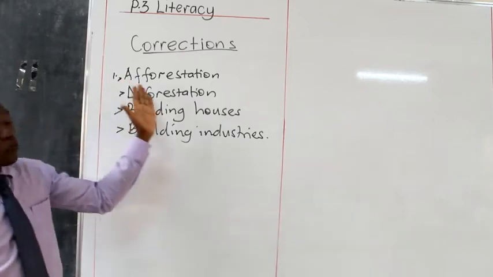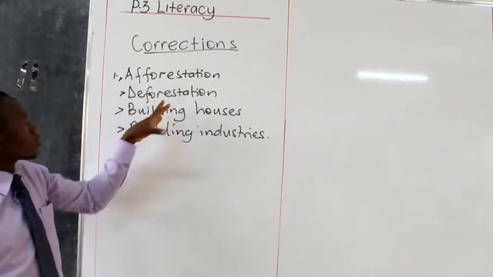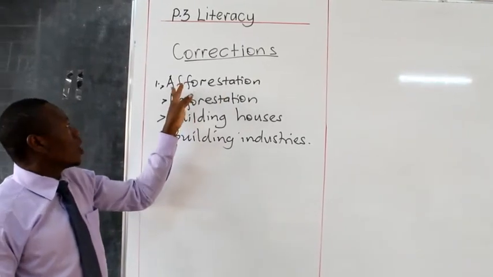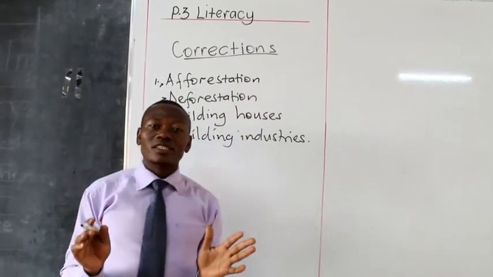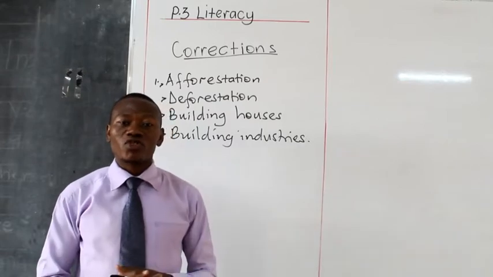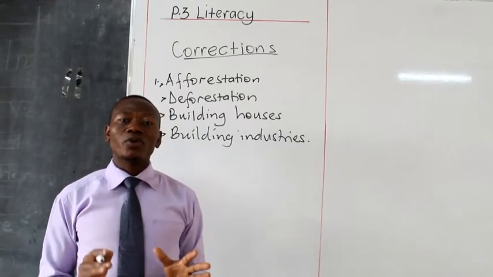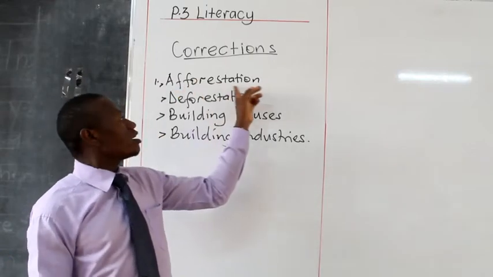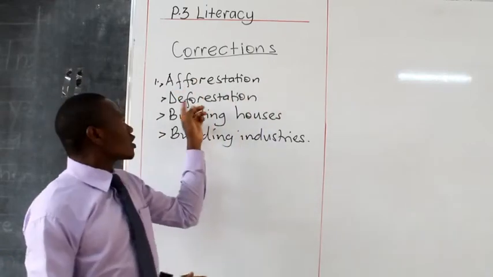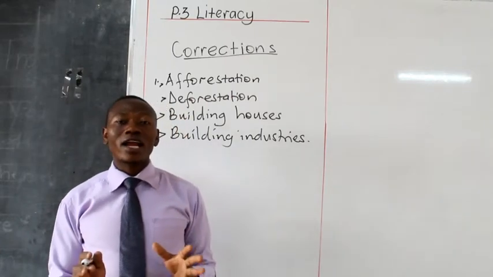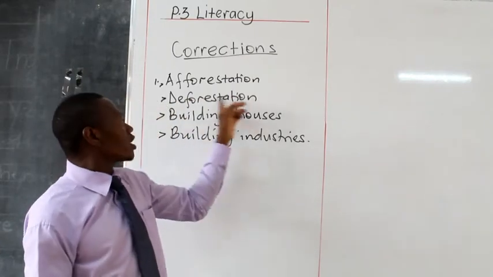So these are some of the changes, but since these ones were a bit hard to understand, I'm repeating them here as our answers. We say afforestation is a practice, or this is simply the growing of what? Trees in an area. When you plant trees in an area, you are doing what term as what? Afforestation. By deforestation, the opposite. When you cut down trees in an area, you are carrying out an activity called what? Deforestation.